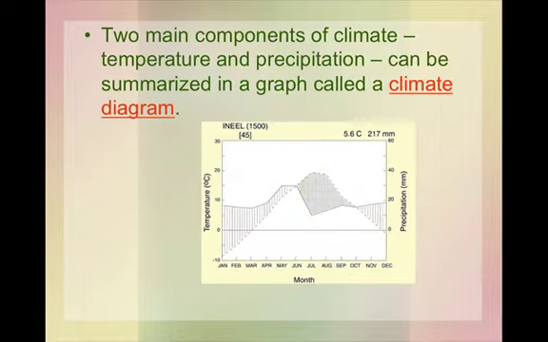Two main components of climate are temperature and precipitation, and they can be summarized in a graph called a climate diagram. And you'll notice in your notes, this is similar to the graphs that we've been doing in lab, where you have something that is consistent on the bottom. In your latitude lab, you put cities, and the graph that you just did with the wolves and the moose, it was years down here.